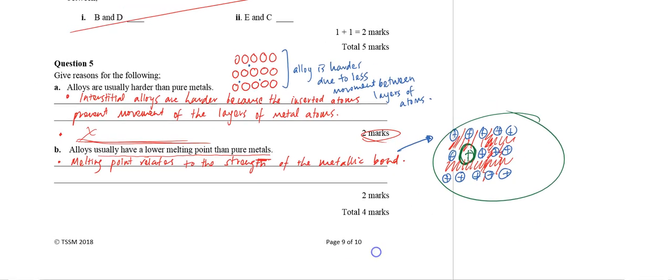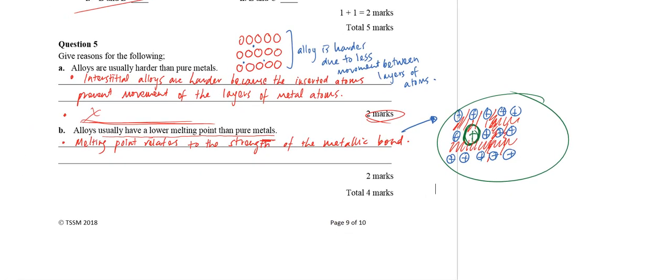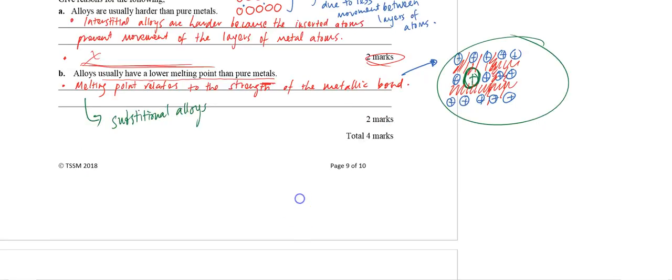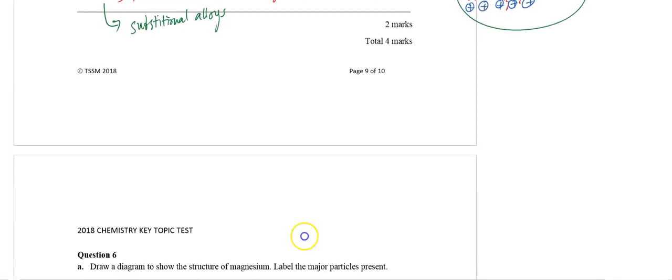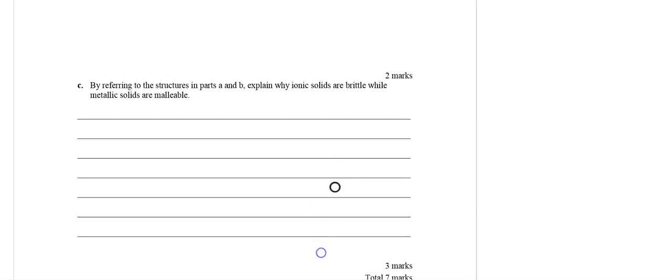That would lead to a weaker metallic bond. I know we're running against the clock a little bit here, but for the rest of the question, I would invoke the substitutional alloys and then show how their metallic bonds might be weaker. Okay? All right, now we had a couple of other questions.